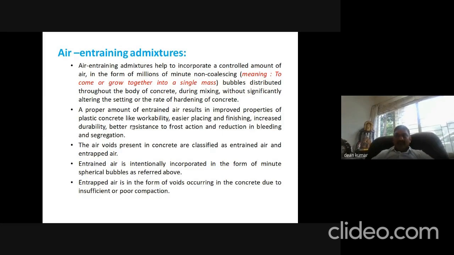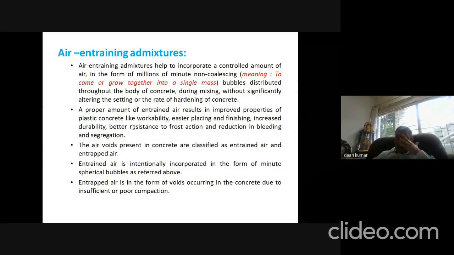So now what I am trying to focus on is, why am I adding this air entraining admixture? Because this will improve my workability. Because there are a lot of bubbles introduced into the concrete. These bubbles will act as a lubricant between the cement particles and water molecules.